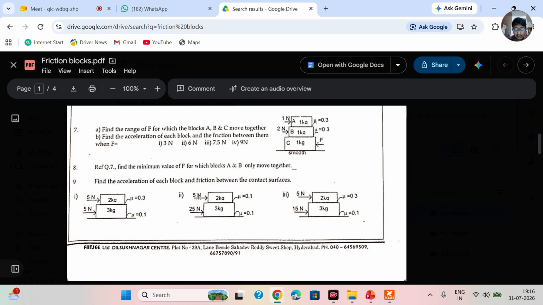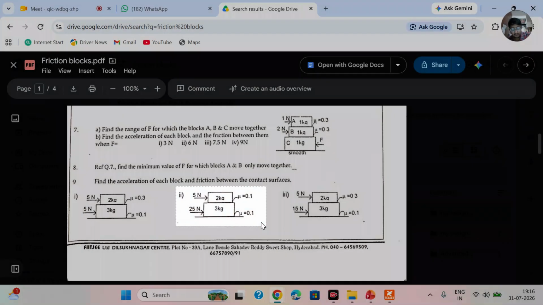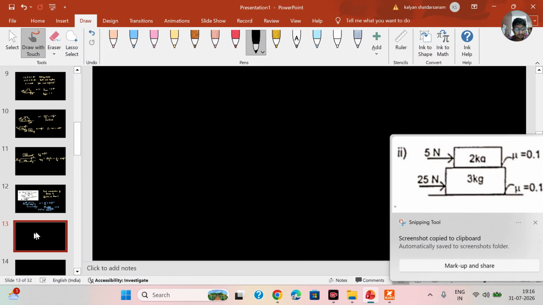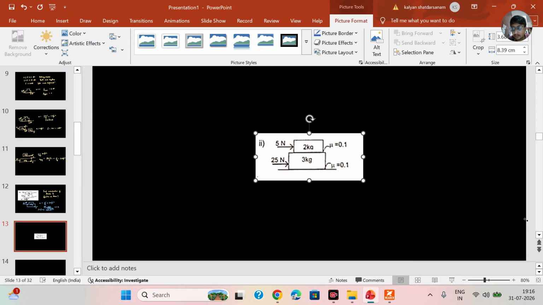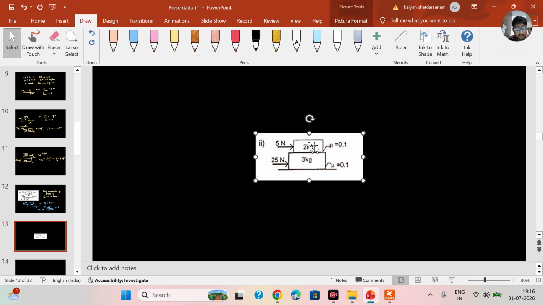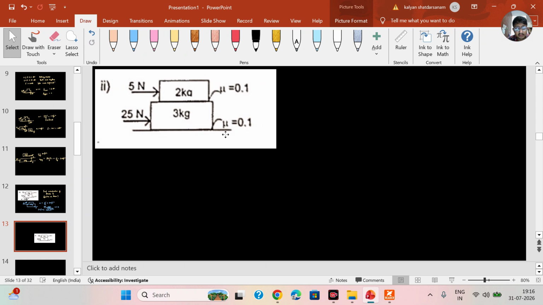Suppose I asked you find friction and acceleration for this case. I am focusing extensively on two block systems because first you should be thorough with them before we go to three block systems. So try this.